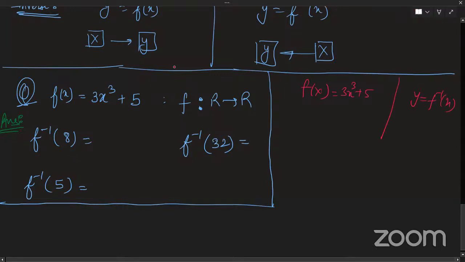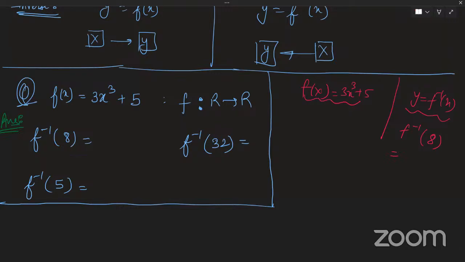Whatever value you are putting inside it, let me take 8. This f inverse of 8 will tell me what value of x I had to input in f of x so that I got the final value as 8. So tell me what value of x should I put in f of x so that I get my final result as 8?